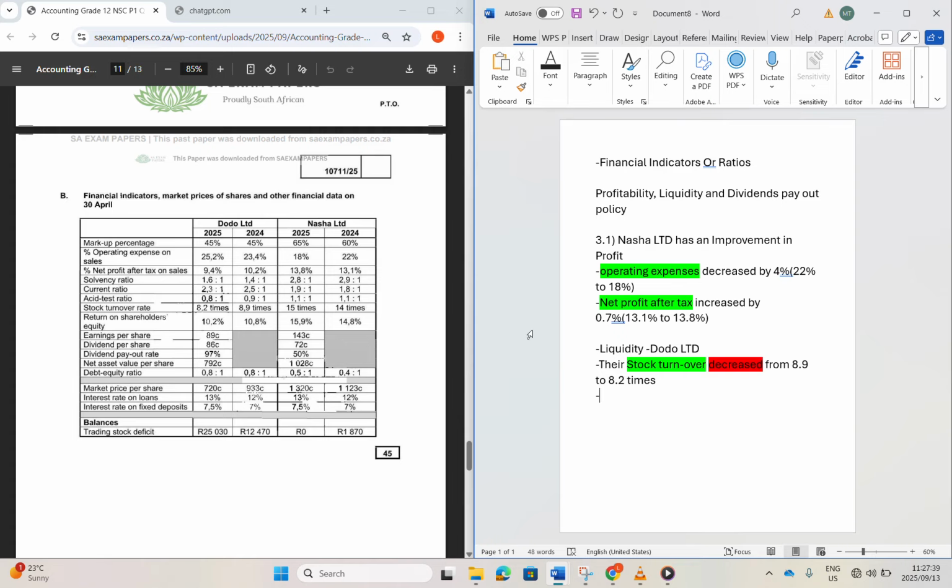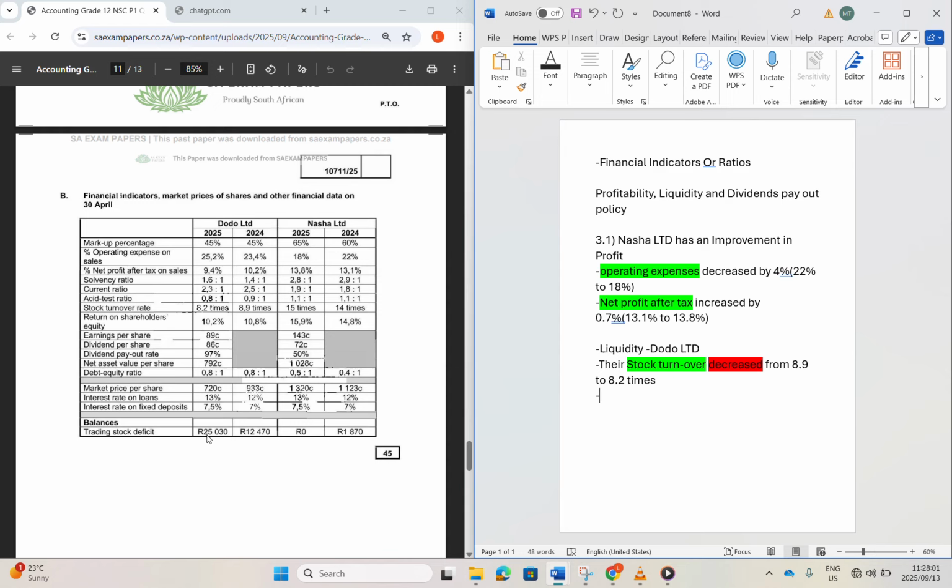And another thing, the question said quote one financial indicator. Our financial indicator in this case is the stock turnover rate. They said only one financial indicator and other supporting financial information. So remember, they are talking about stock. So we're going to come here.